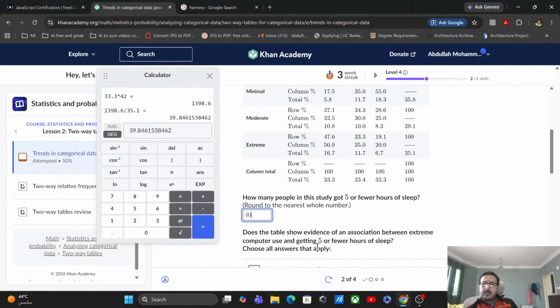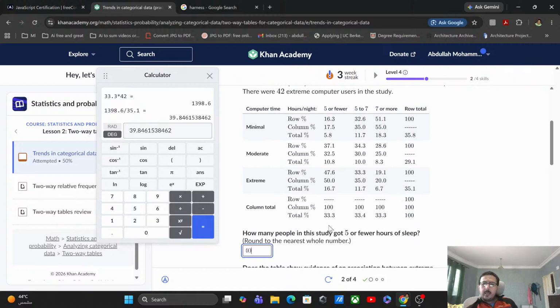In computer using, getting 5 or fewer hours. Actually, all the people who are getting 5 or fewer are 33.3. And 16% of that goes to extreme. So does that show? I think yeah.